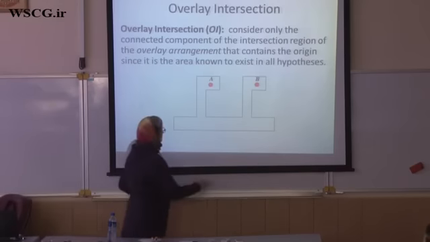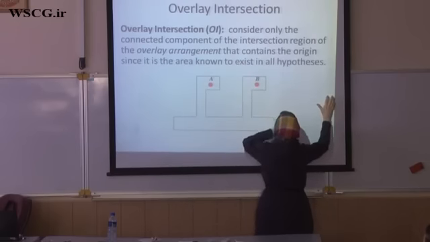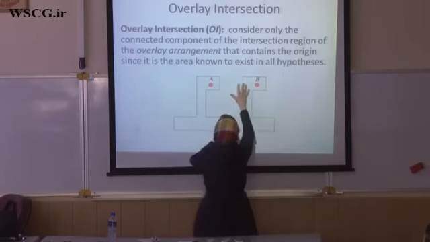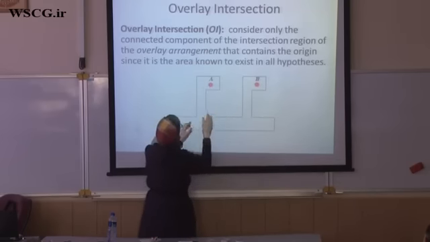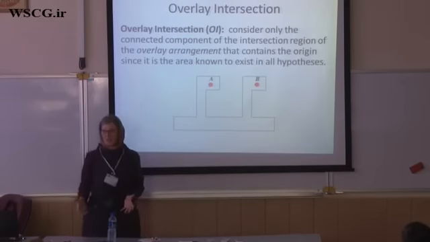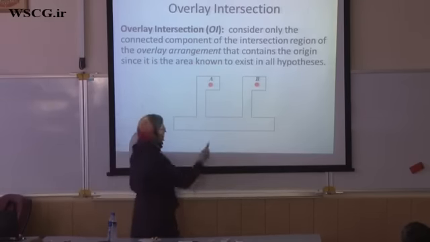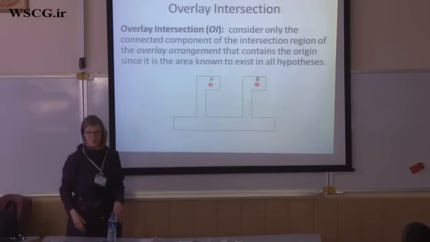So imagine you have two hypotheses here. So you make two copies of this picture. And now you move B over on top of A. And when you do that, you see you're going to have a region here that has got some walls, because that's going to be the intersection of what A thinks it can move around in without bumping into a wall, and what B thinks it can move around in without bumping into a wall.